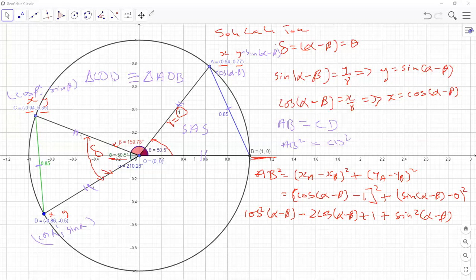But you know the square identity already, that cos squared plus sine squared gives you 1. So now you have 1 minus 2 cos alpha minus beta plus 1. So this whole thing simplifies to 2 minus 2 cos alpha minus beta.